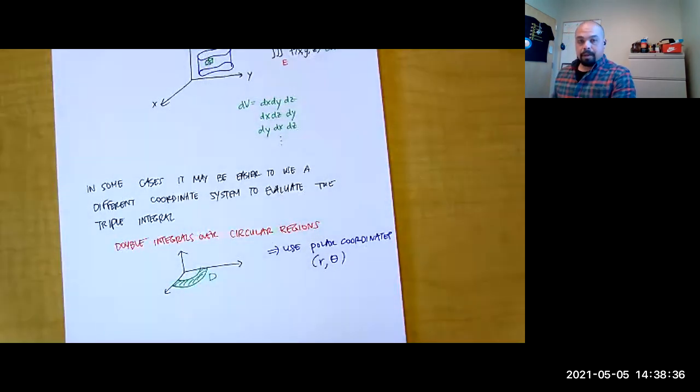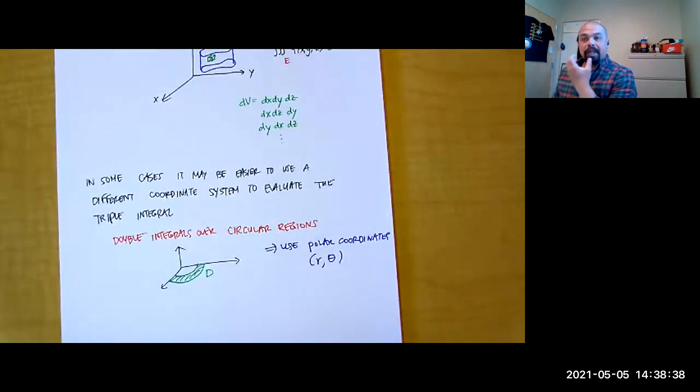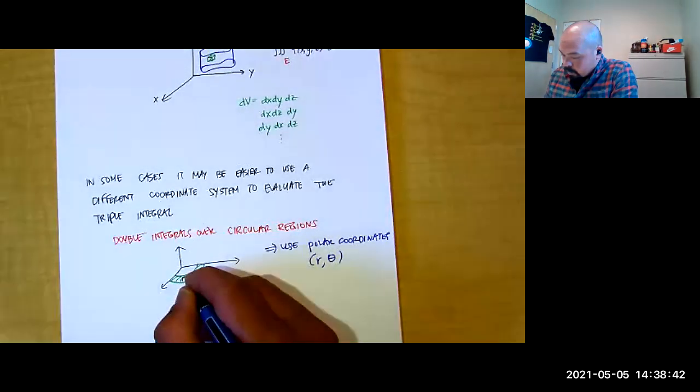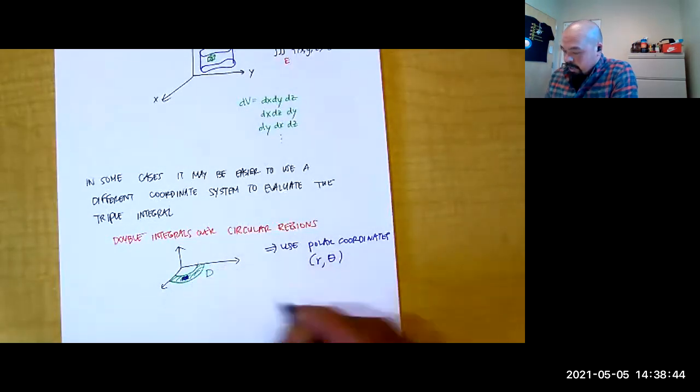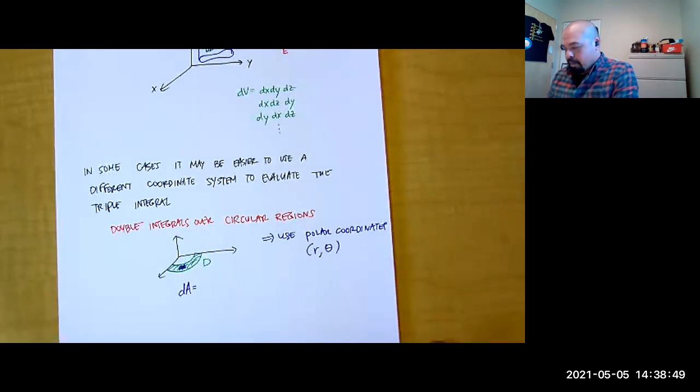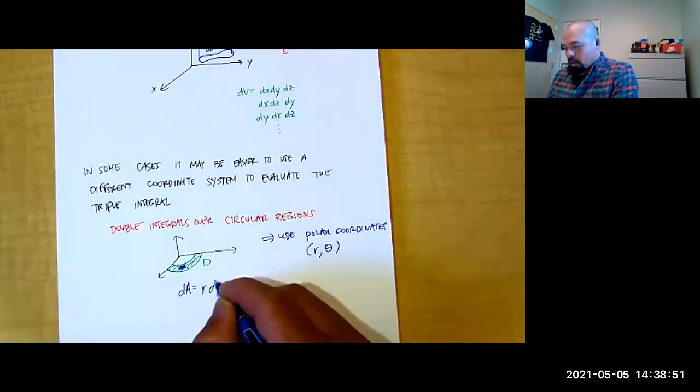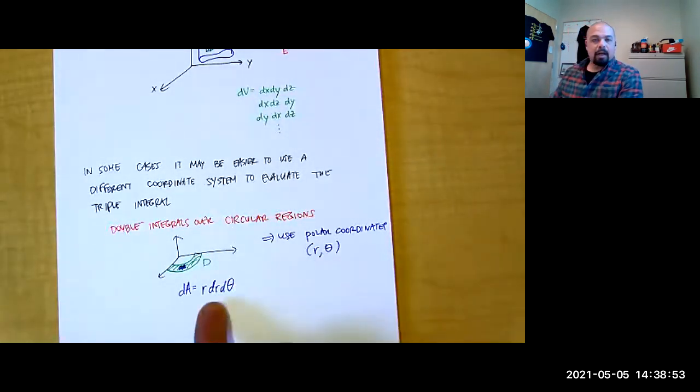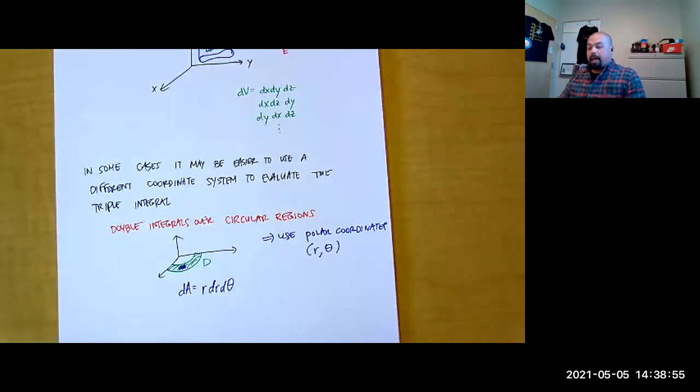R's and thetas. Where instead of using those x and y, we converted those little blocks so that our dA, instead of dx dy, became r dr d theta, or r d theta dr, however we want to organize.